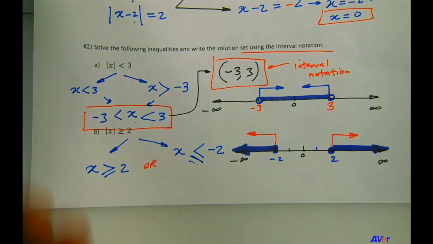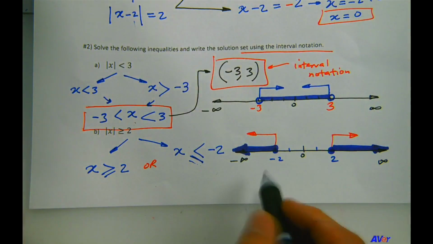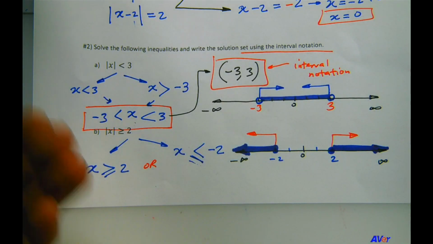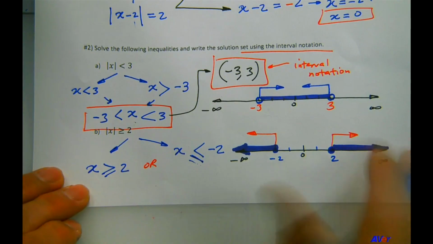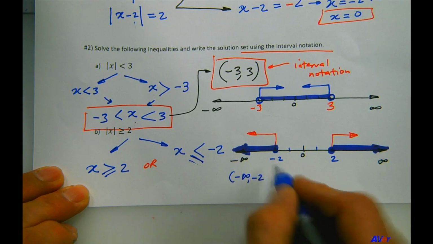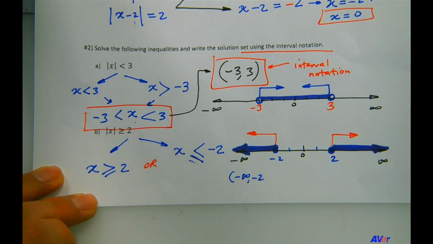All right, so let's write down what the solution should be using interval notation, which is what they're asking us. Using the interval notation, we have -∞ to -2, parenthesis or bracket. If you said bracket, you're 100% correct.